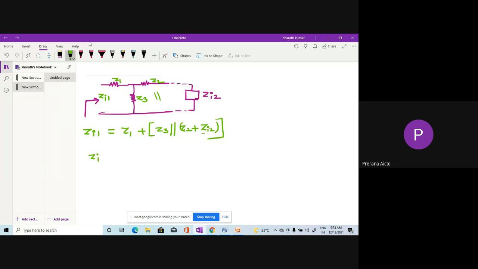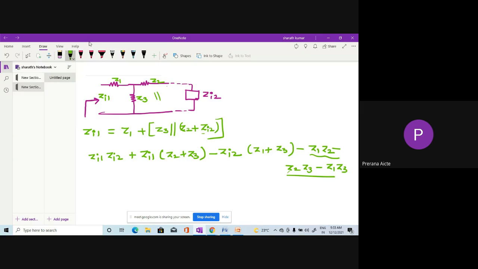After some manipulations, Zi1 Zi2 plus Zi1 times (Z2 plus Z3) minus Zi2 times (Z1 plus Z3) minus the product terms Z1 Z2, Z2 Z3, Z1 Z3.